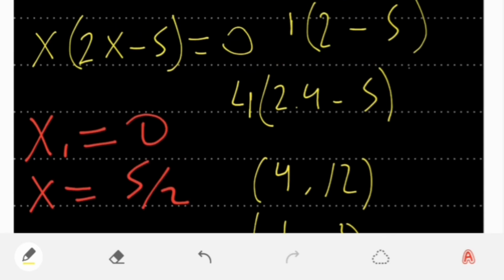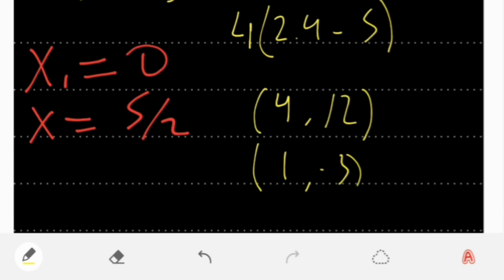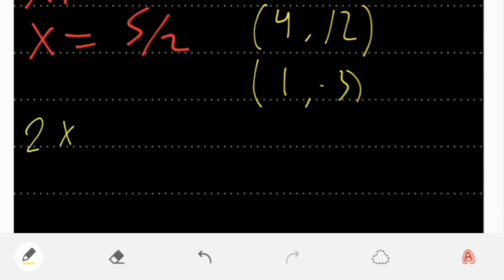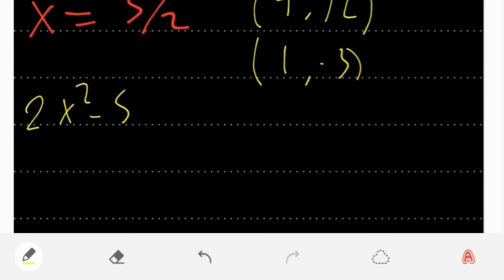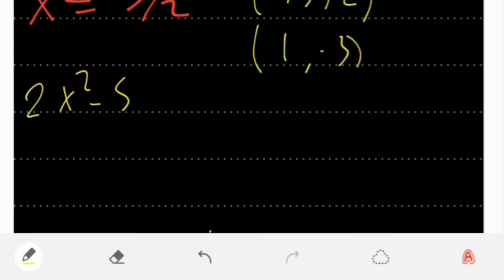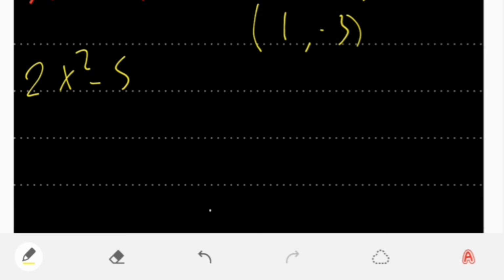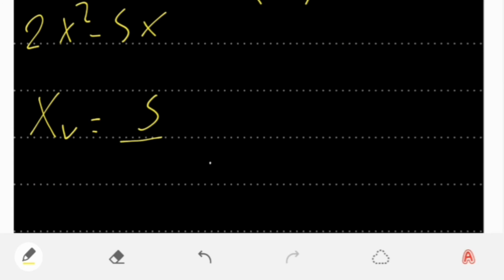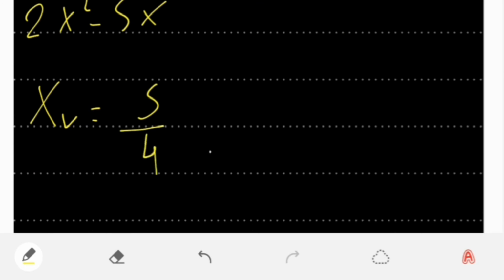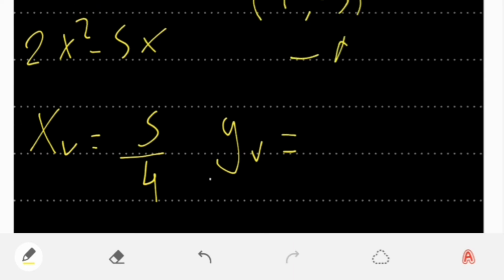So what about the vertex? The vertex of this 2x squared minus 5x, okay? If we want the vertex of this function, it is minus b divided by 2a, right? So the x of the vertex would be 5 divided by 4. What about y of the vertex? Y of the vertex is minus delta divided by 4a, right?